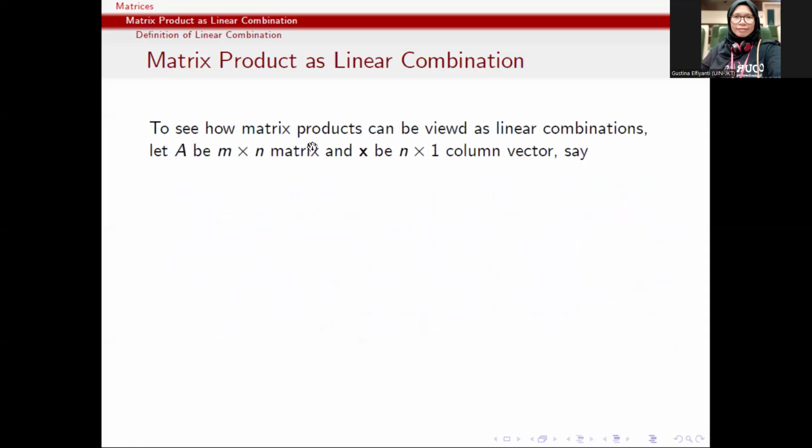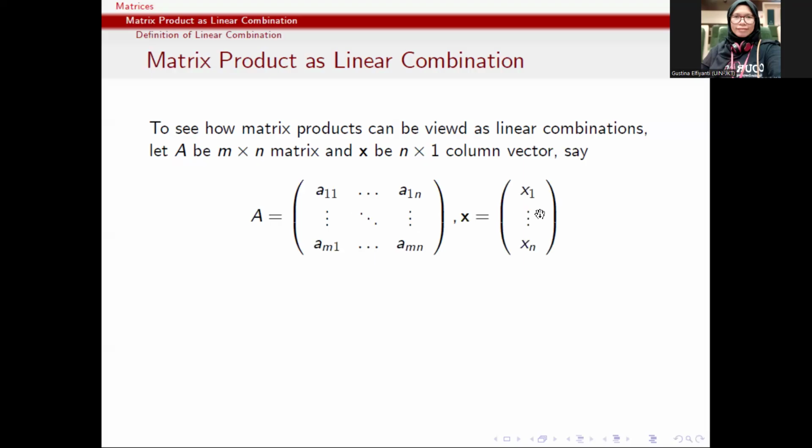To see how matrix products can be viewed as linear combinations, let A be an m by n matrix and X be an n by 1 column vector. Say we have A like this and X like this. Then the multiplication of A and X we can write like this.